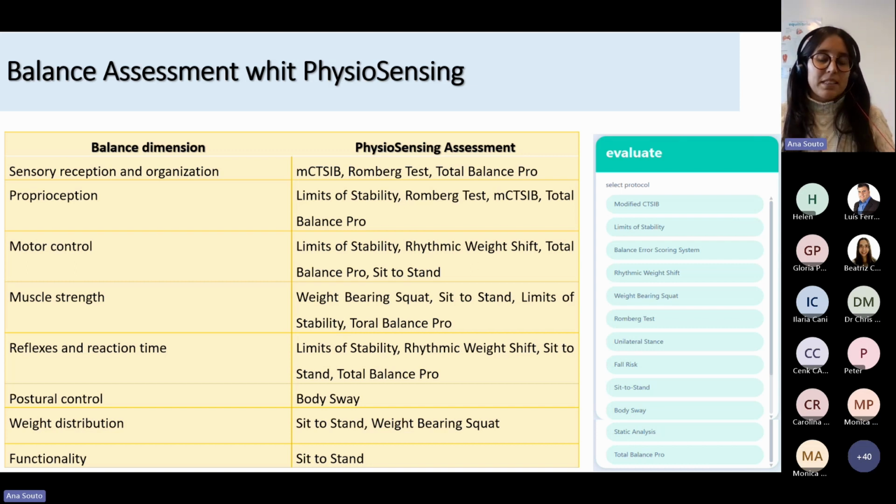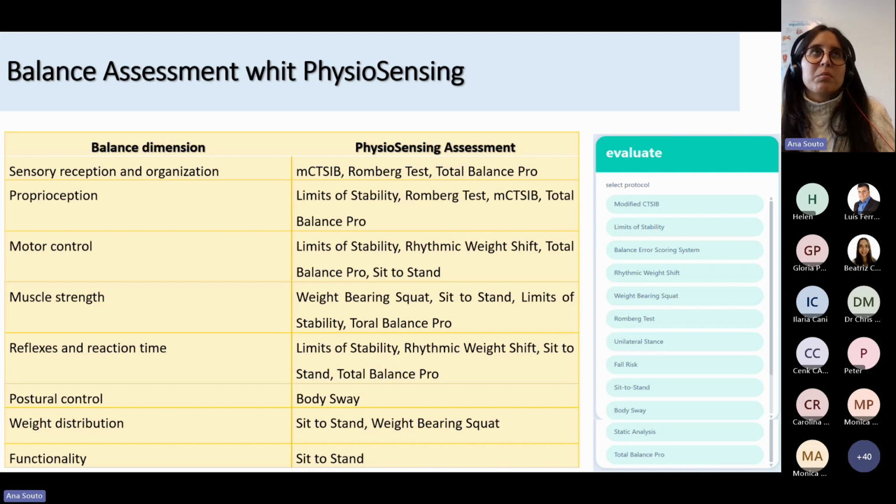For muscle strength, we can use the weight-bearing squat, sit to stand, limits of stability, and Total Balance Pro. For reflexes and reaction time, again, limits of stability, rhythmic weight shift, sit to stand, and Total Balance Pro. For posture control, we have our protocol body sway that gives you more than 30 COP-related parameters. So it's a very, very complete posturographic analysis.